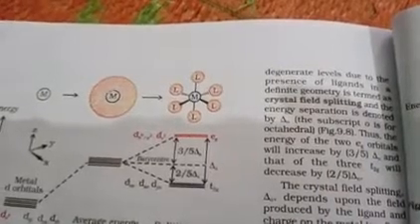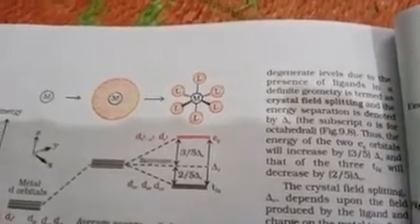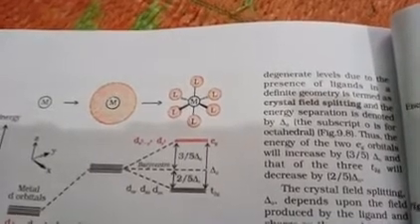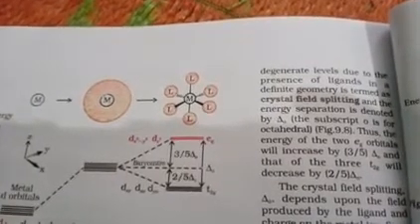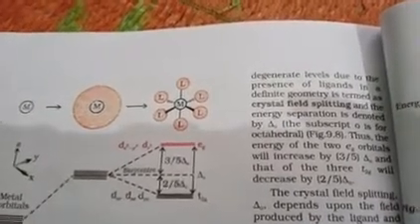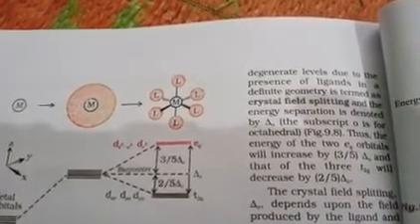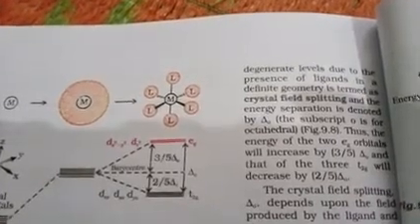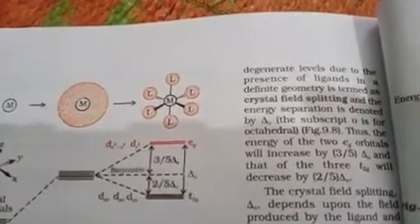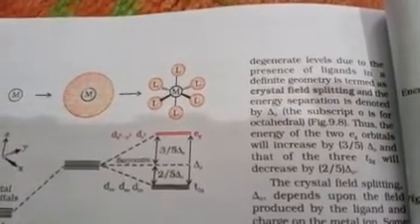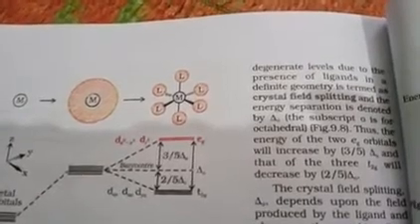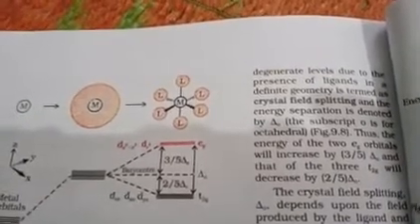Crystal field splitting means that when the orbital electrons are surrounded by ligands, there is a repulsion between the orbital electrons and the ligand electrons, and due to this repulsive force the degeneracy is removed.